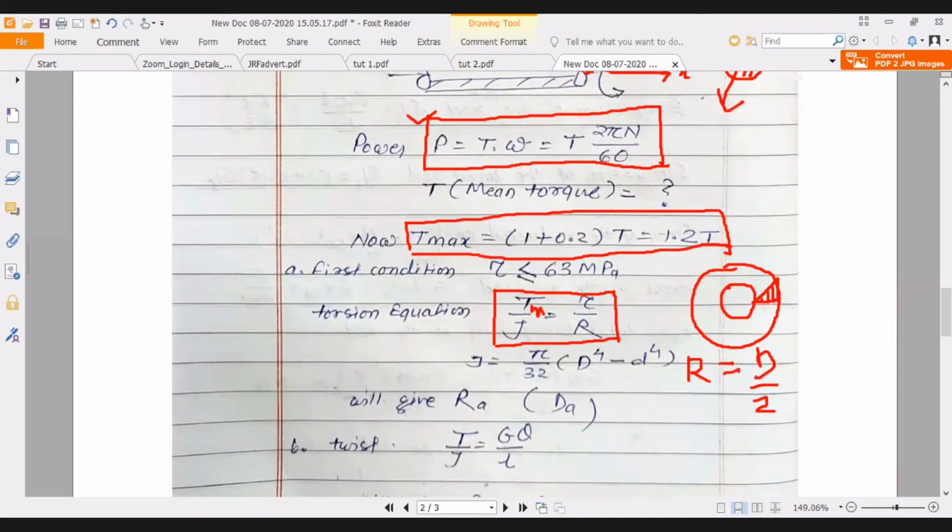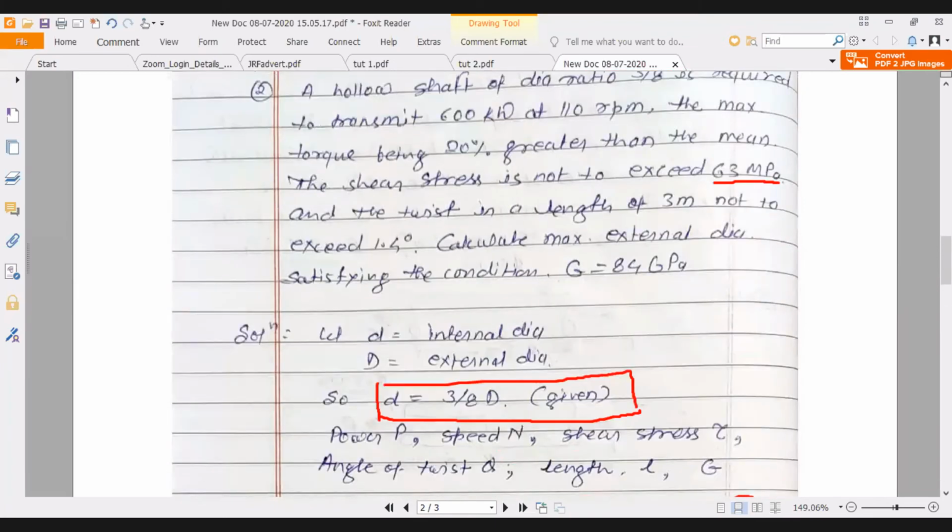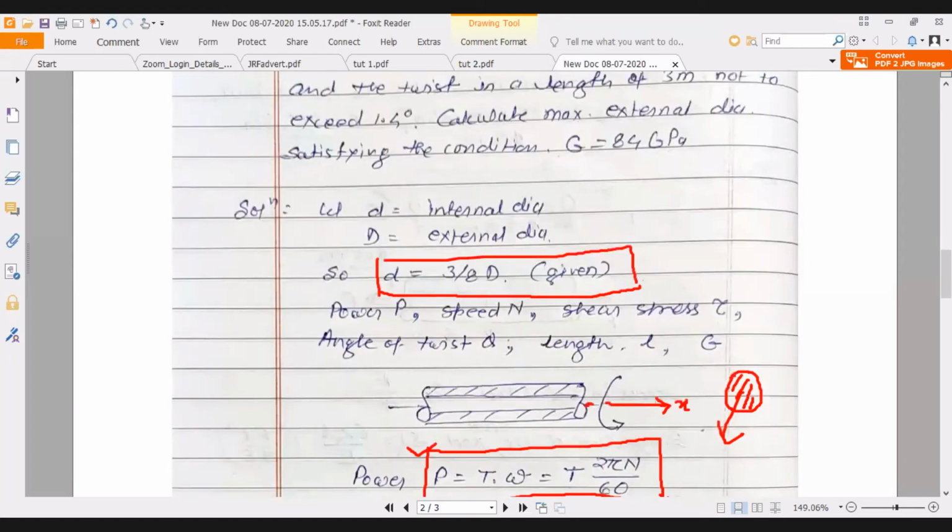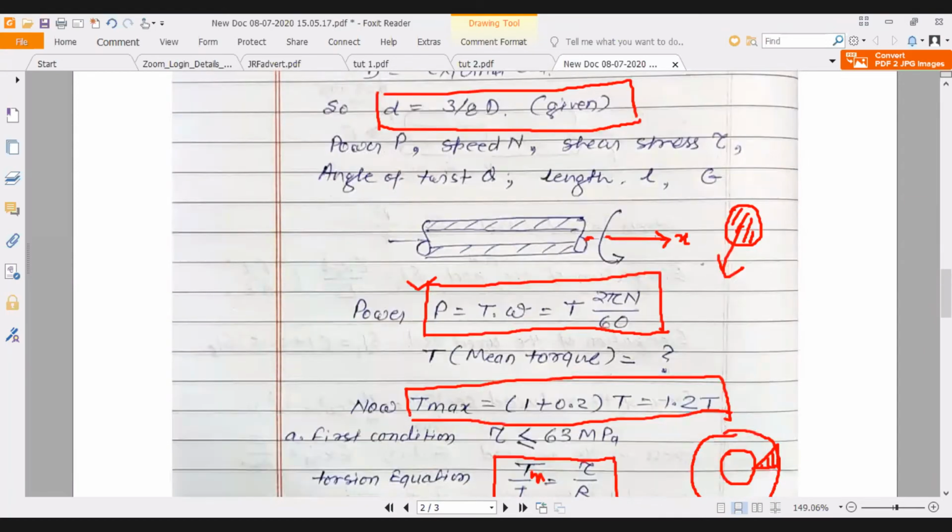Okay, so in this relation the only unknown is our capital D. So you can easily, if you divide this D by 2, get R, meaning the maximum radius, which I have asked in the question, to calculate the maximum external diameter. Okay, so this is one part of the problem.